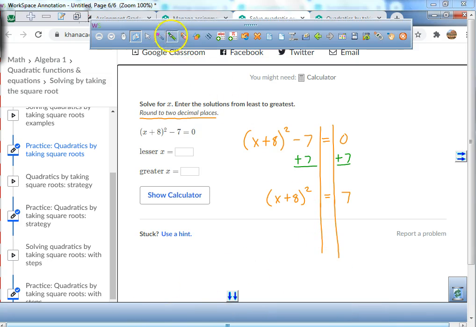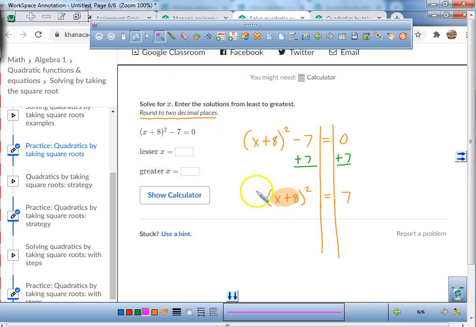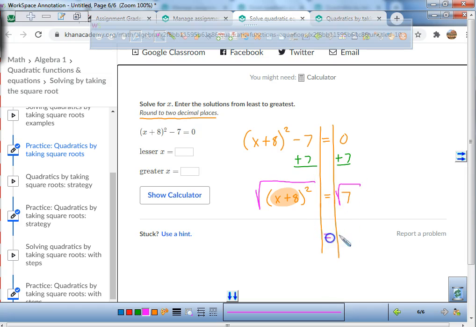Then, once you have this binomial being squared totally by itself, then and only then do I want you to take the square root of both sides. And this time, put plus or minus the square root of 7 right here. Here, I just want you to put x plus 8.